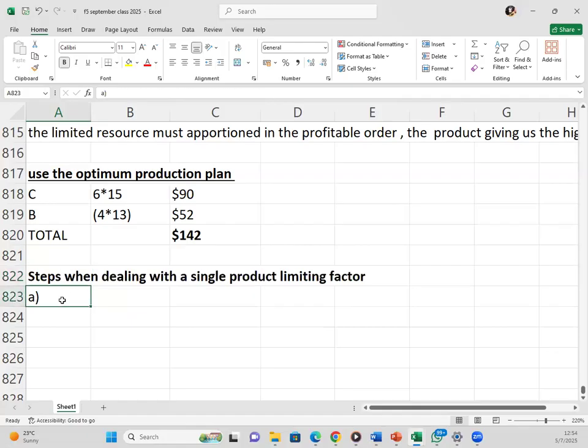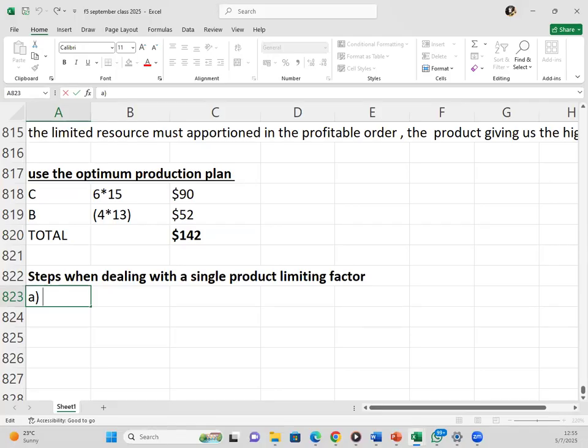The question can give you different resources. It's up to you to determine which one is the limiting factor. If it's material, you consider for the units that we want to produce, how much material do we need and how much do we have? If the material that we have is enough or is more than what we need, then that one is not a limiting factor.